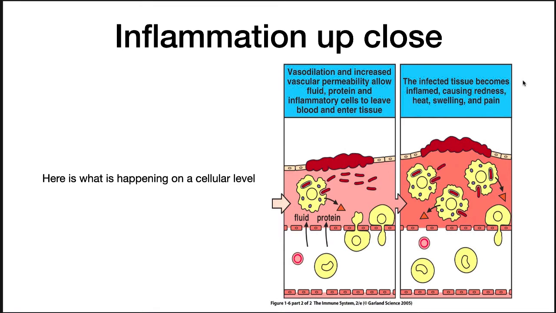This results in vasodilation and increase in vascular permeability. Fluid, proteins, and cells then flow into the area. The target tissue becomes red from red blood cells, heated from the release of what are called pyrogens. It swells due to the fluids that come in, and it becomes painful.